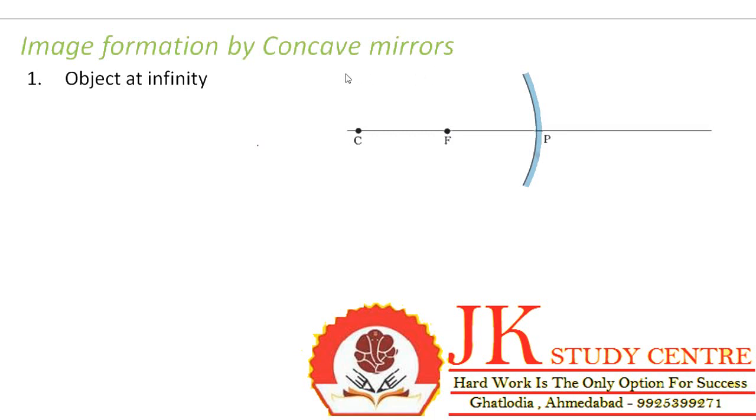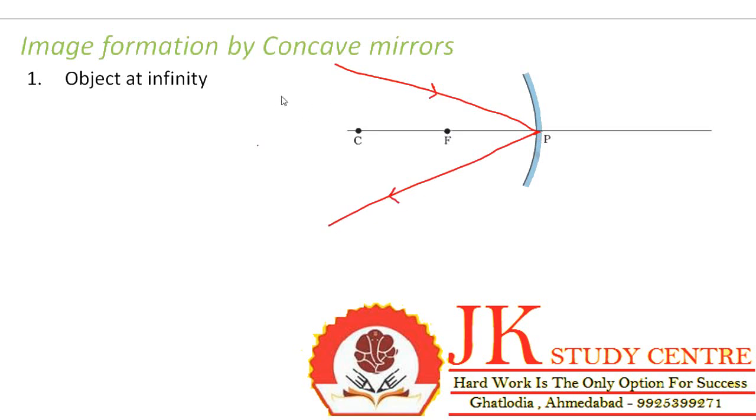Let us suppose that there is one ray which is falling obliquely towards the pole. How will it get reflected? If this is my incident ray, it will get reflected obliquely.